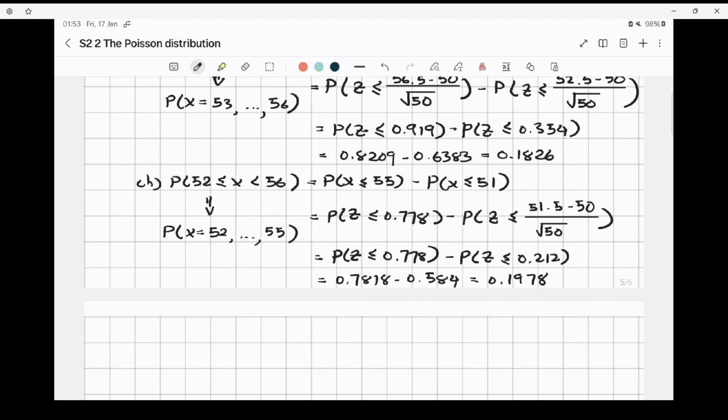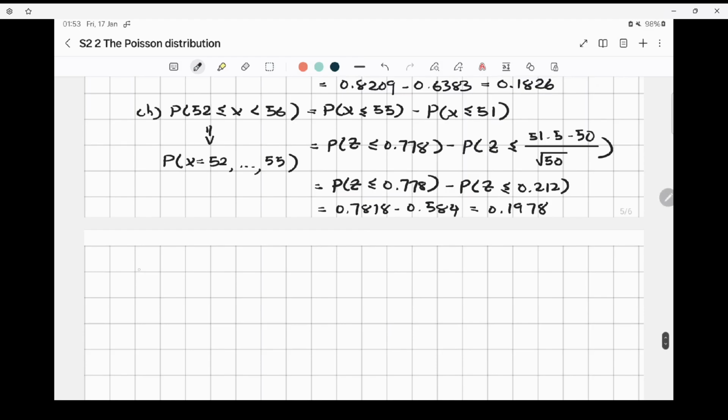Okay, the last one, which is I. Both sides equal. So this will be P(X ≤ 56) minus P(X ≤ 51).